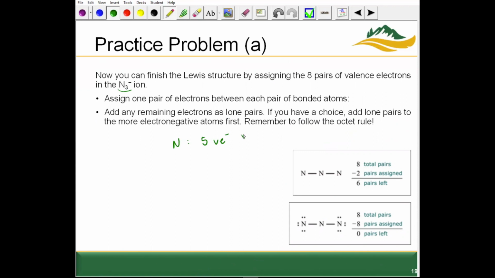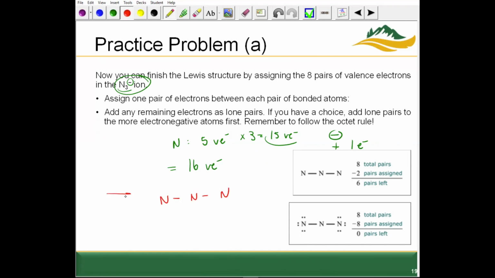So this is 5 valence electrons times 3, that's 15 valence electrons, but we haven't yet dealt with this negative charge here. Because we have a negative charge, we need to add on 1 additional electron to this total. That means in total for this ion, we have 16 valence electrons to work with.